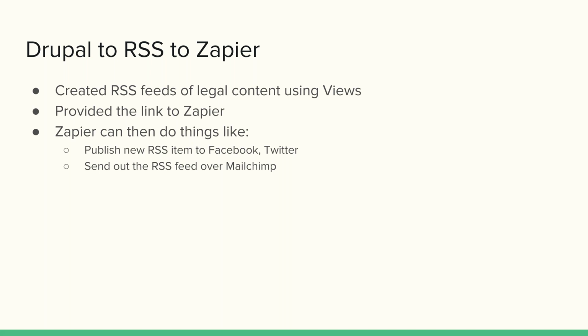I created the RSS feed, gave her the link, she put it in Zapier, and Zapier handled it. Zapier is a service that allows you to connect different services together. So she gave Zapier the RSS URL, and it then posts RSS items as they come in to the organization's Facebook account and our Twitter account.